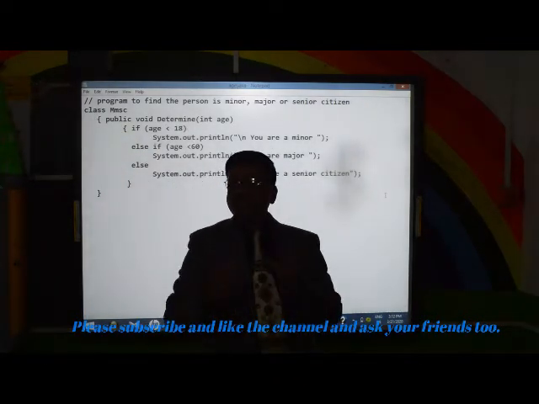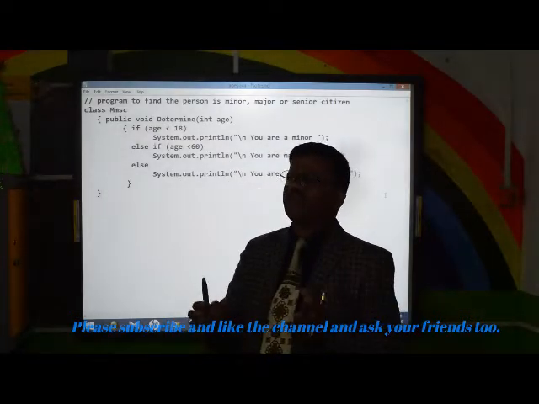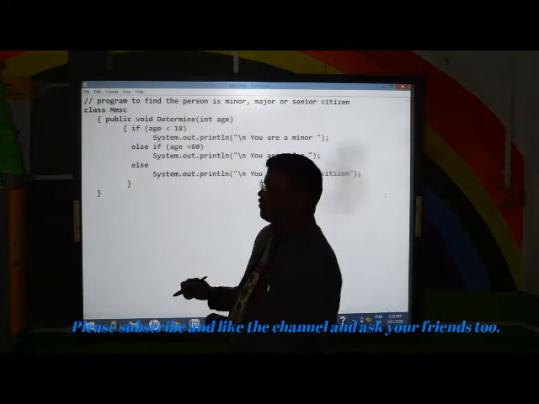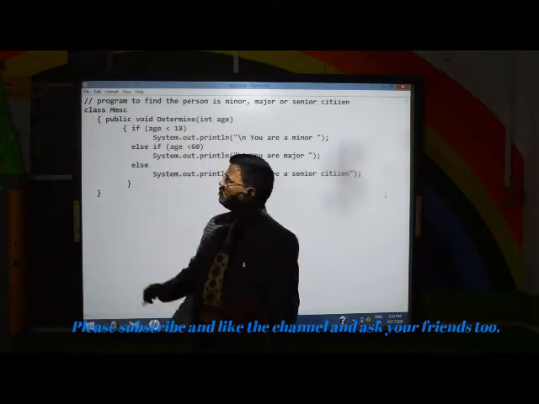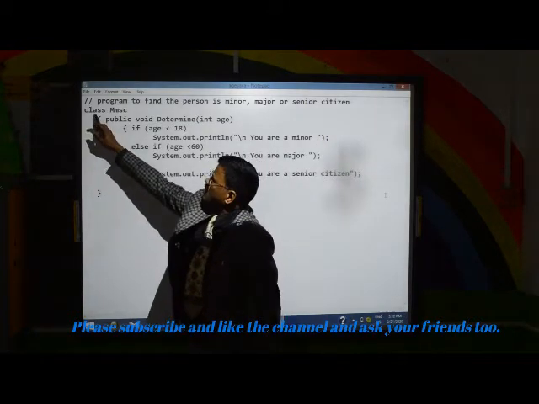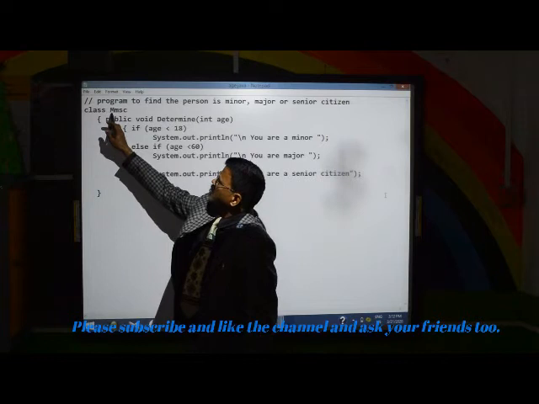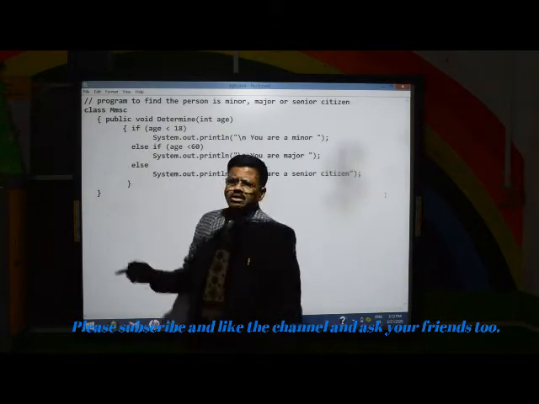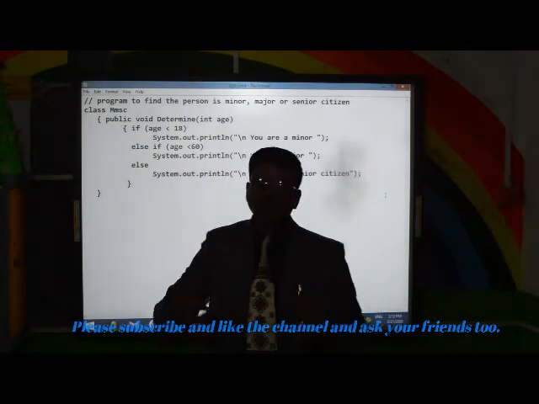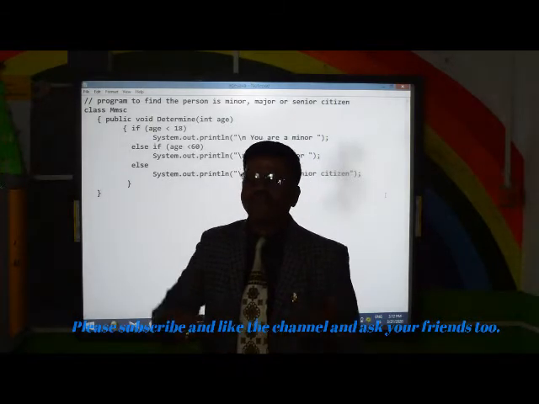Anything you do, a simple program or a complex program, has to be in the form of a class, as you guys know very well. Here I go. Class MMSC. It is a user-defined name. We the users can give any name as we wish.